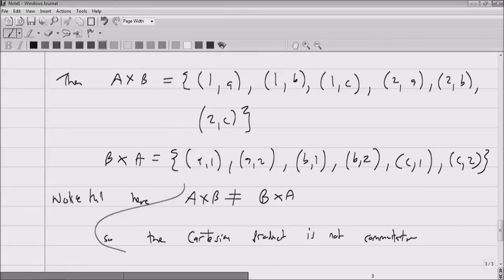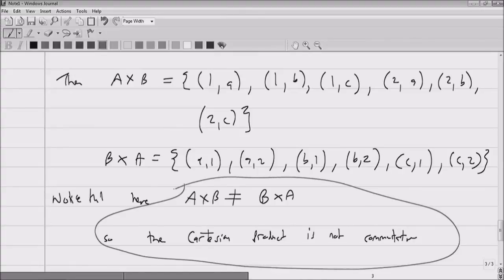That's what that means. Normal multiplication of numbers is commutative: 3 times 2 is 6, which is the same as 2 times 3. And normal addition is commutative too: 5 plus 107 is the same as 107 plus 5. But multiplication of sets using the Cartesian product is not commutative.